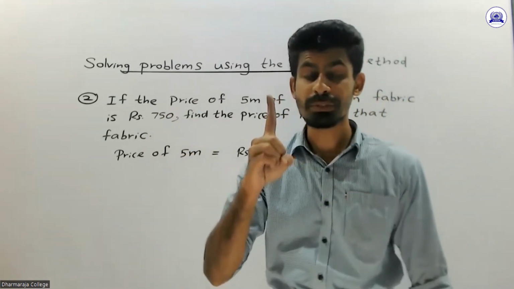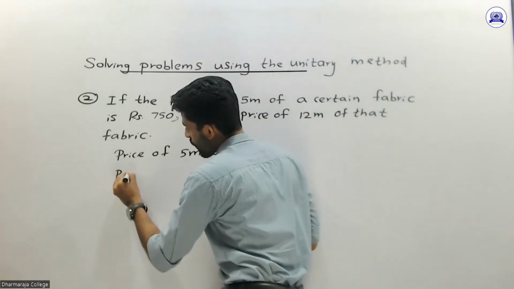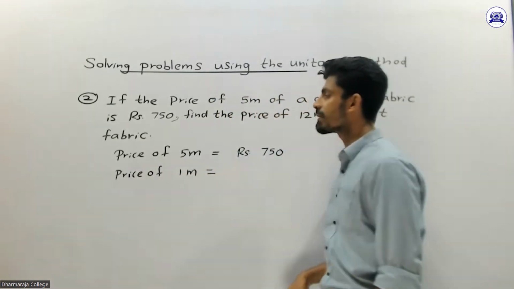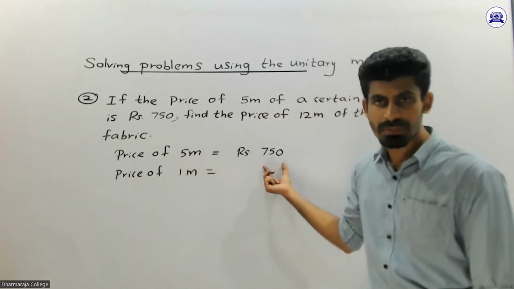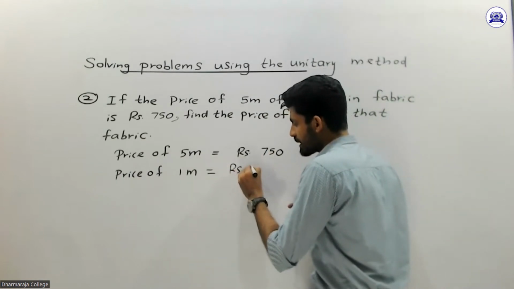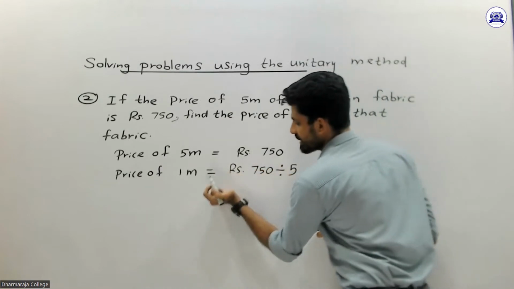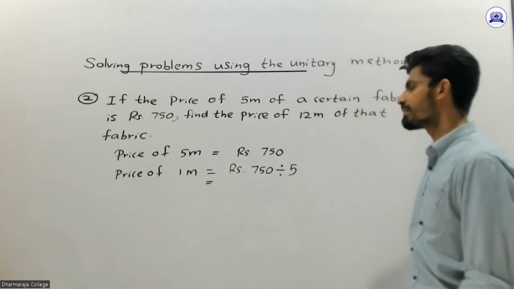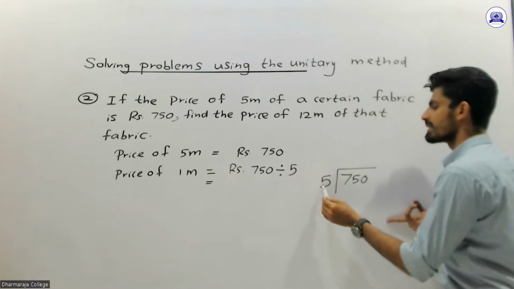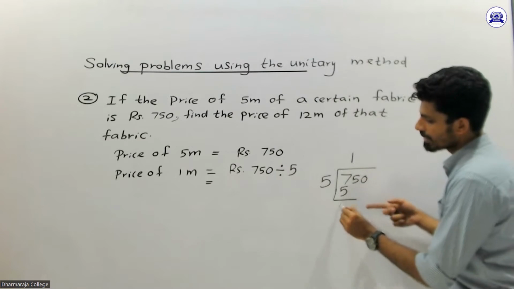So you need to find out the price of 1 meter, right? 5 meters equals 750. So 1 meter means 750 divided by 5. 7 divided by 5, 1. 1 into 5, 5. 7 minus 5, 2.